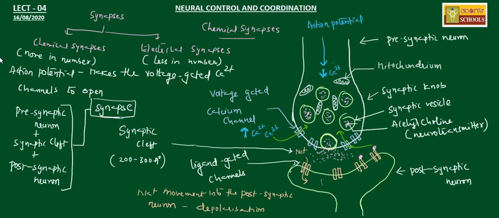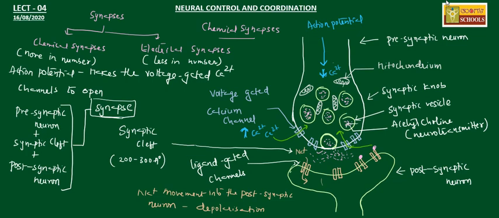I hope it is clear how the transmission of a nerve impulse passes from one neuron to another neuron. Now we will see some examples of neurotransmitters. Of course, the most common is acetylcholine, but there are many other types of neurotransmitters which help in transmission of the nerve impulse from one neuron to another in chemical synapses. Then later we'll see about electrical synapses.